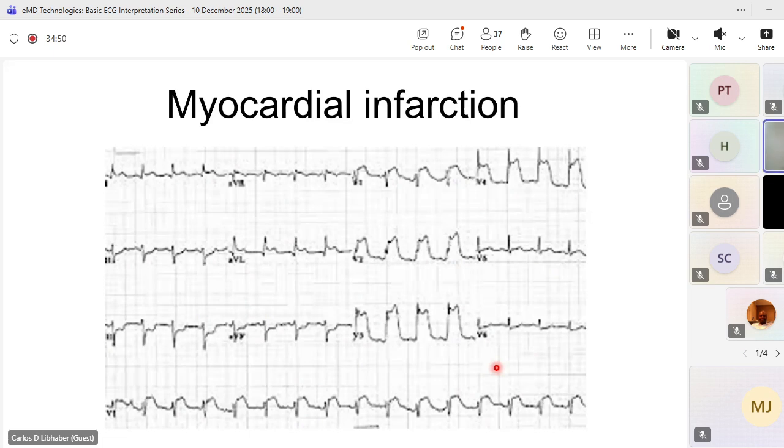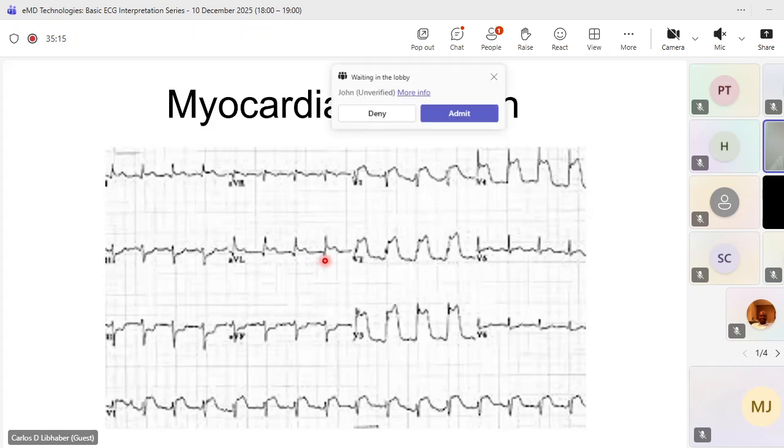Now, this is how the patient presents with ST elevation. I see it in V1, V2, V3, V4, but I see some also in lead 1 and AVL.